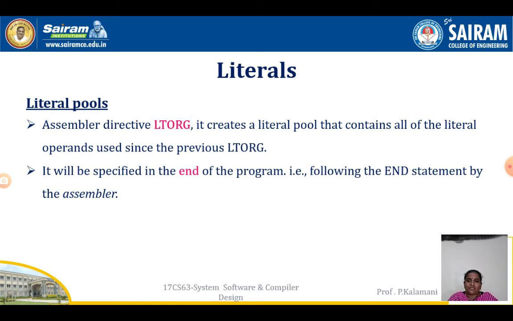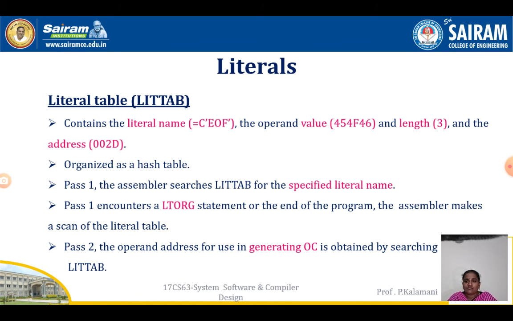Literal pool: the assembler directive LTORG is used whenever we are using literals. It creates a literal pool that contains all the literal operands used since the previous LTORG. Otherwise it is placed at the end of the program, following the END statement, by the assembler. The literal table will be there. In that literal table, the literal name along with the operand value, length and address will be there.